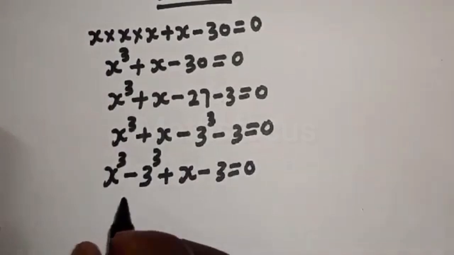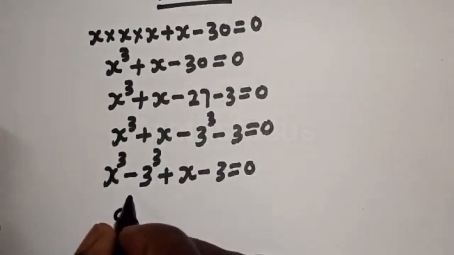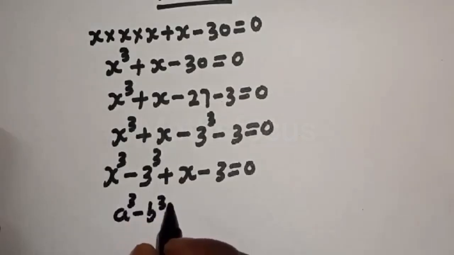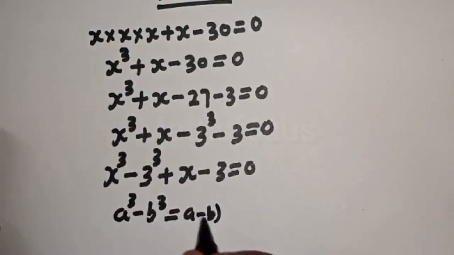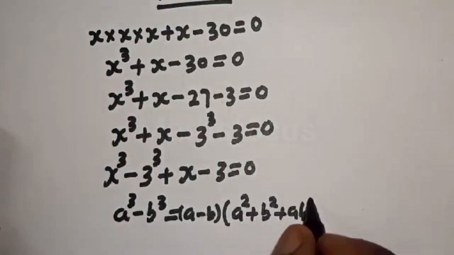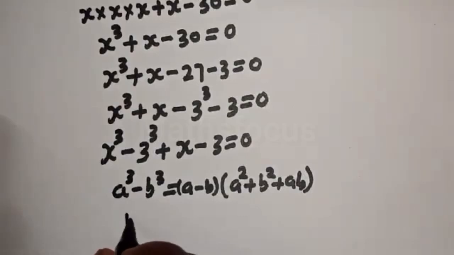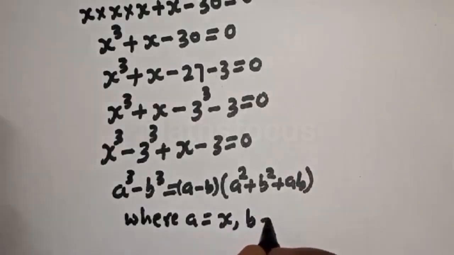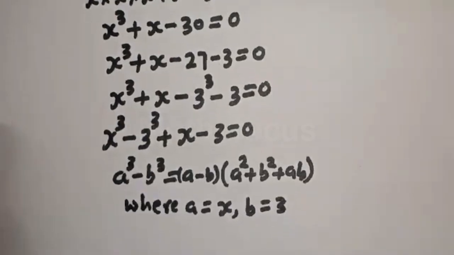Take note of this exponential rule: if you have a raised to power 3 minus b raised to power 3, this is equal to a minus b bracket a square plus b square plus ab, where a is equal to s and b is equal to 3.